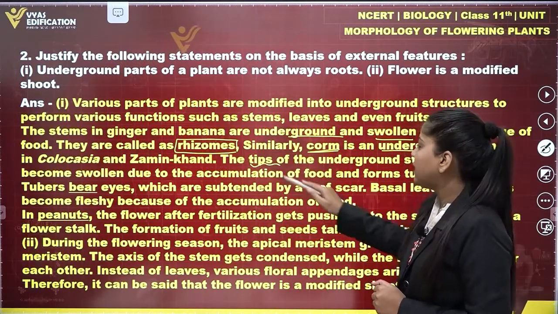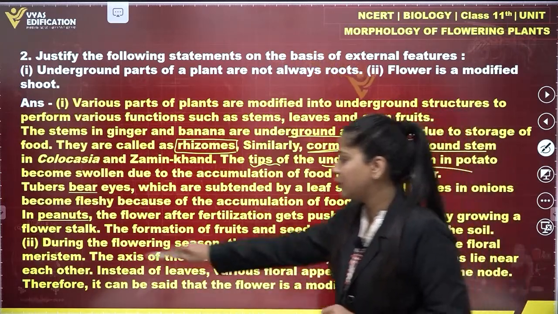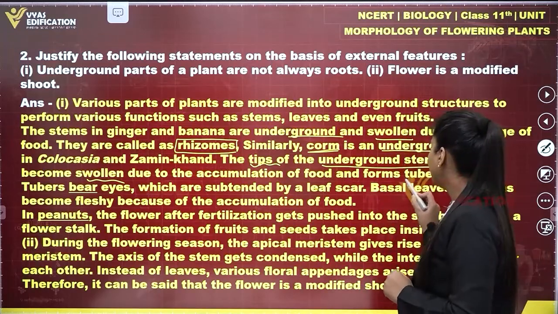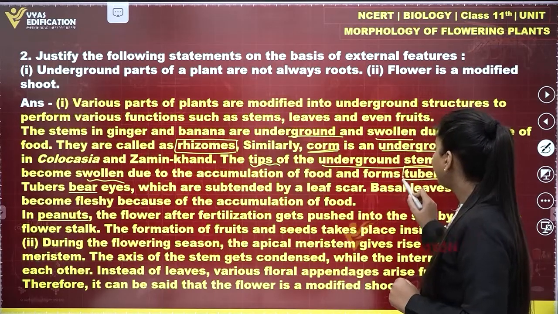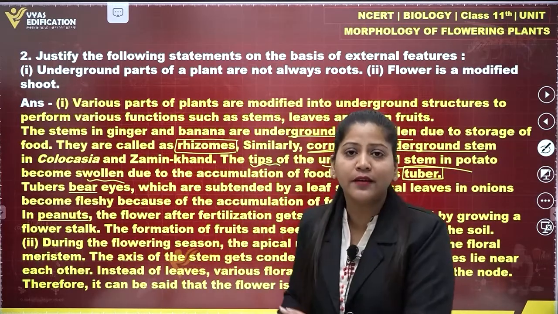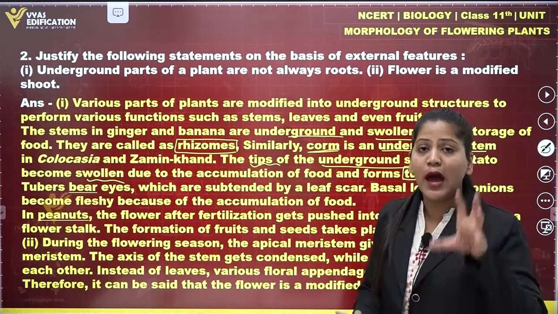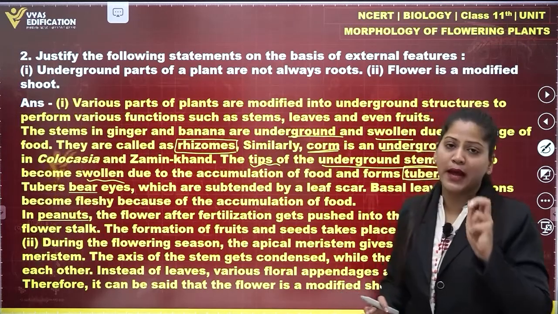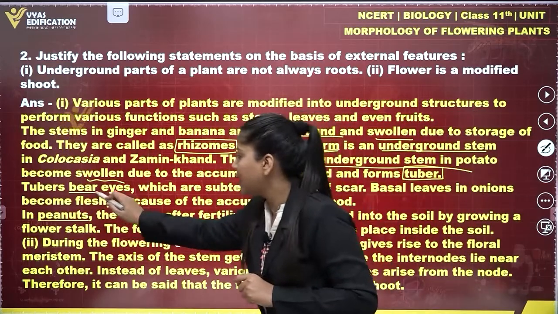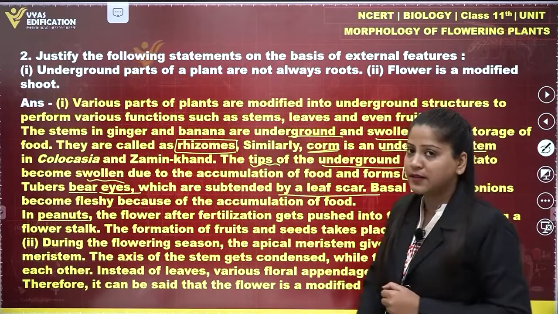Then the tips of the underground stem found in potatoes become swollen due to storage of food and are known as tuber. These underground stems of potato are known as tubers. These tubers bear eyes which are subtended by leaf scar.